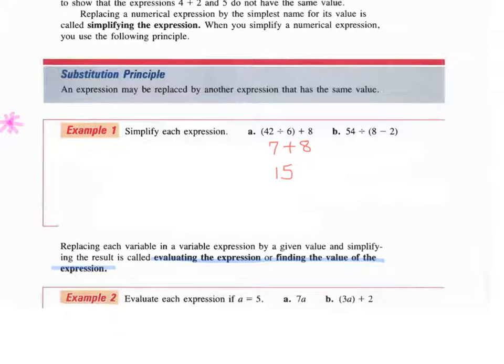Okay, so for part B, what am I going to do first? Good. And what do you get when you do 8 minus 2? Beautiful. So I'm going to evaluate the parentheses, and I get 6. And now I have to do the division. 54 divided by 6 is 9. Perfect. And that's how we evaluate that.